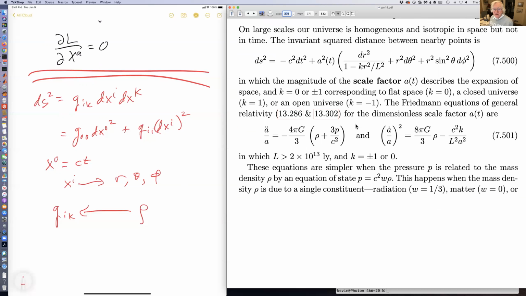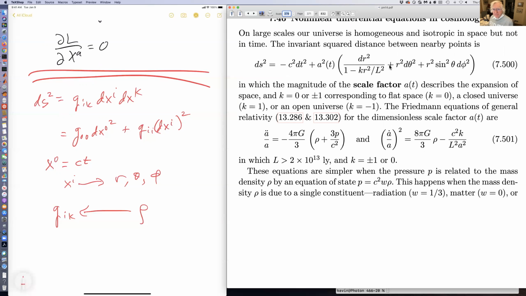The scale factor, which is essentially the only variable that's free here, has a time dependence that is related to the mass density and the pressure.